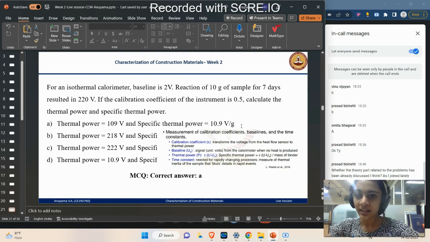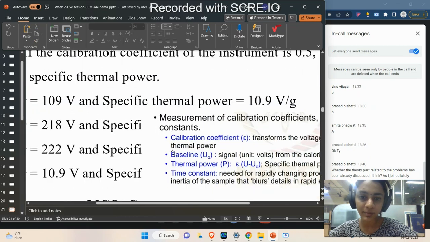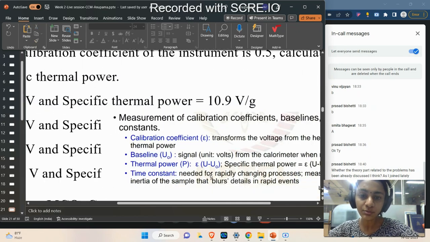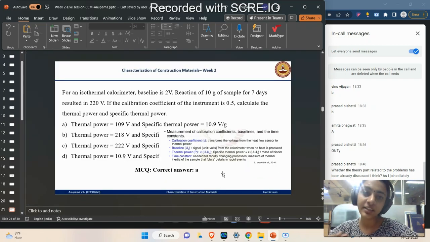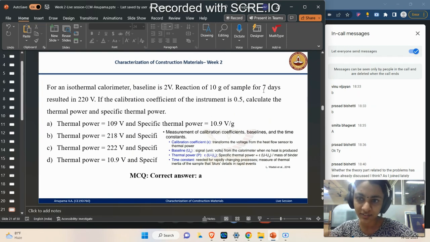Sure. So regarding the question here, the baseline, if you see the portion here, the thermal power is epsilon into U minus U naught, where U is the signal from the sample after a particular number of days. So here in the case, after 7 days, it is 220. U naught is the baseline. That is when there is no heat production or when there is no sample being kept inside the isothermal calorimetry, the baseline is 2 volt.